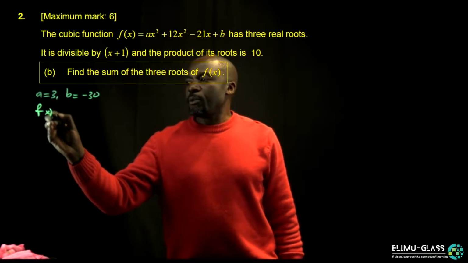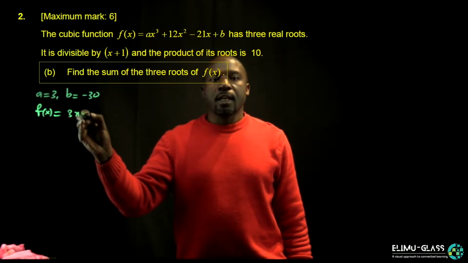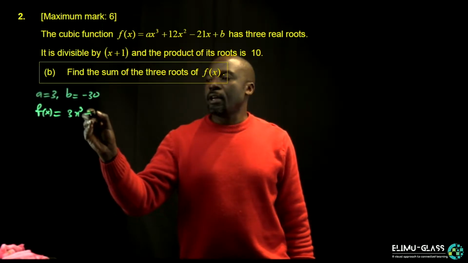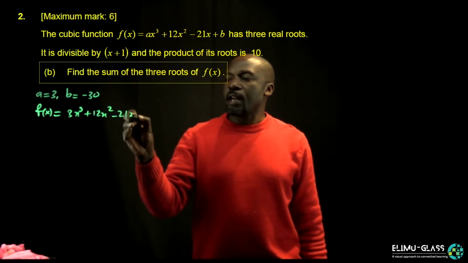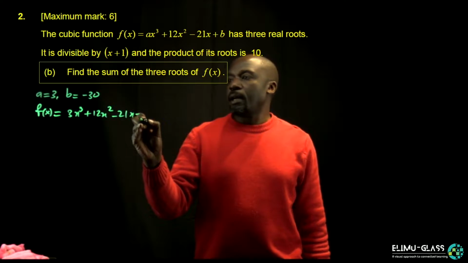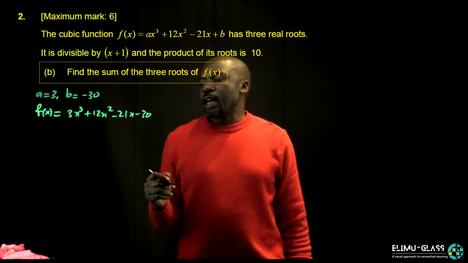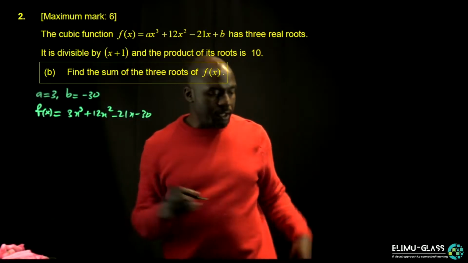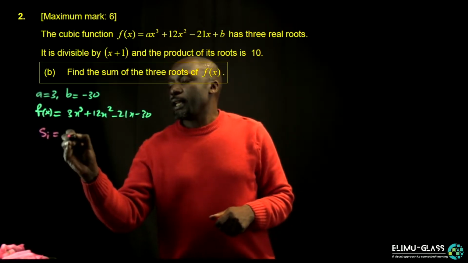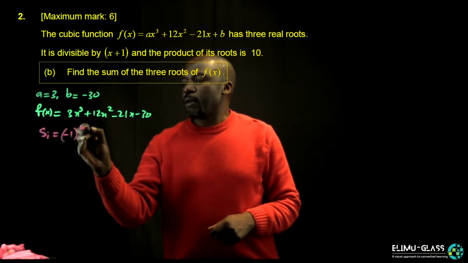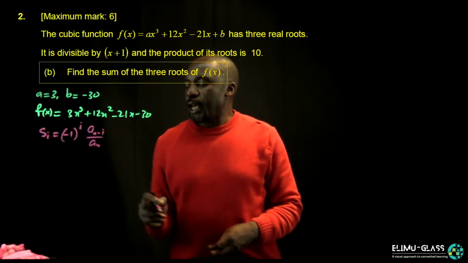Therefore, our polynomial function can now be expressed as 3x cubed plus 12x squared minus 21x minus 30, right? By Vieta's rule, which we've already written down, let me write that down again. By Vieta's rule, S I is minus 1 power I into a n minus I over a n.